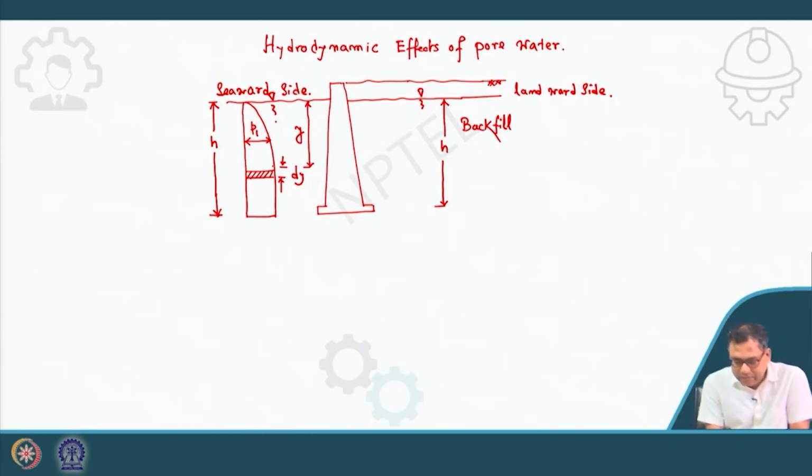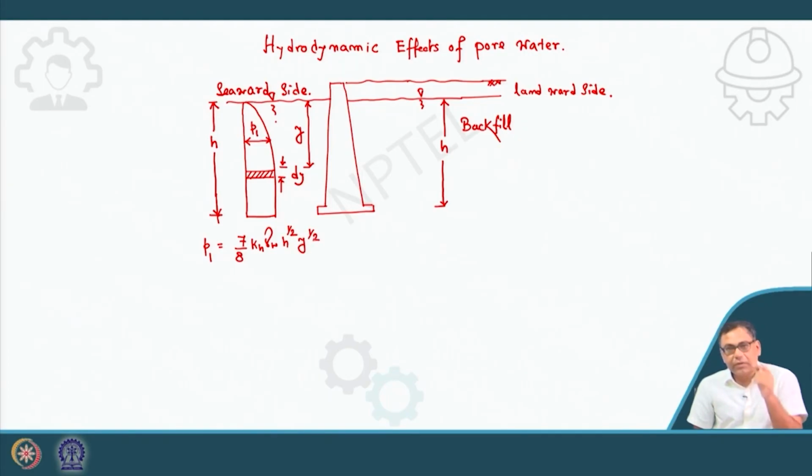That P1 variation is given by 7/8 kh gamma_w H^(1/2) y^(1/2). At any depth, if y is equal to 0, then P1 will be 0. If y is equal to H, then you will get the P1 value at the base.